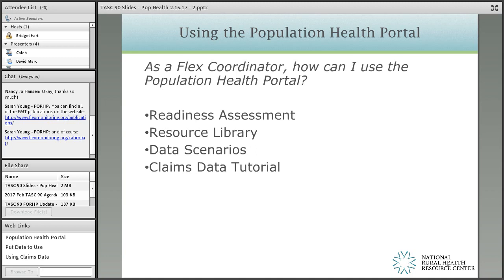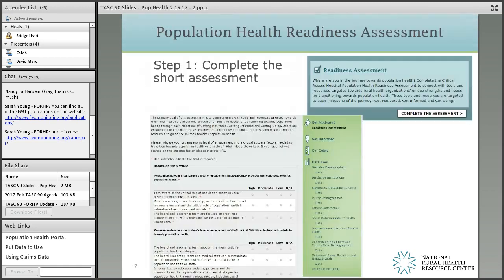First off, there is a readiness assessment, which I'll walk through, and this is designed for hospitals or rural health networks to complete. There's a resource library specific to population health in a variety of categories, with primarily federal resources applicable to small rural providers.